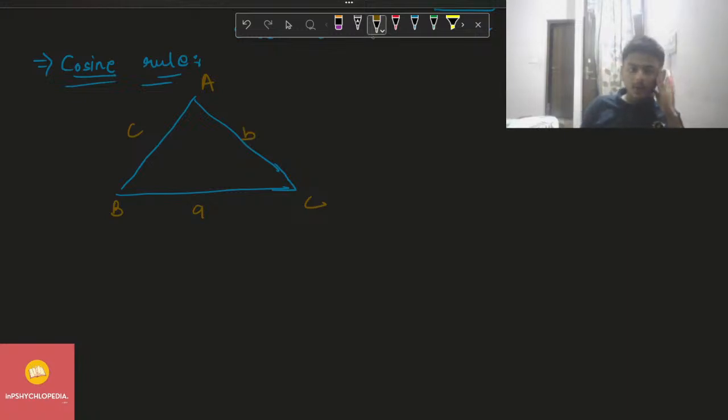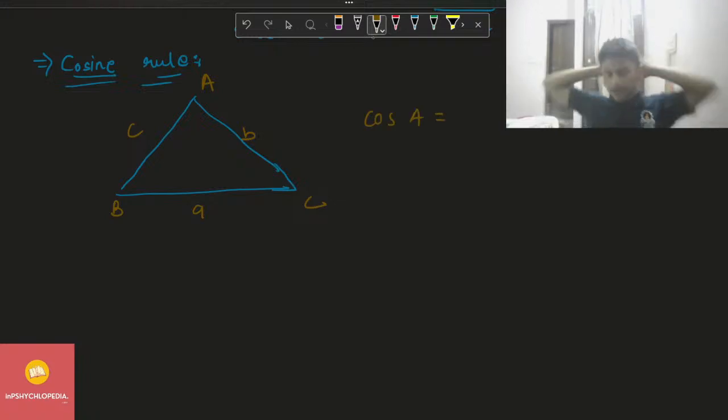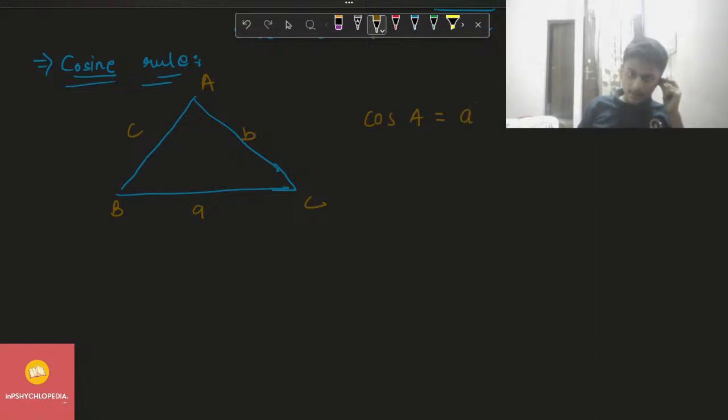Then cos A is equal to, I have also read it for the first time in class 11, so I am just remembering it, so it can be wrong, but it was A square minus B square minus C square by 2 into B into C. Let me check once if I am correct or wrong.